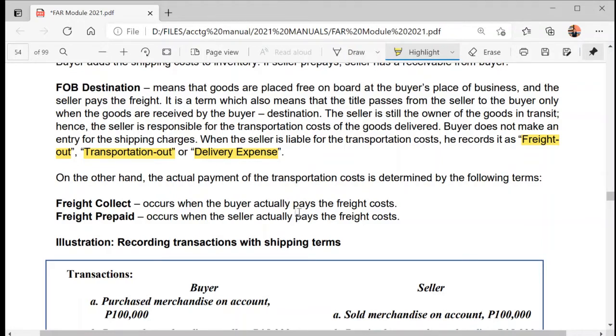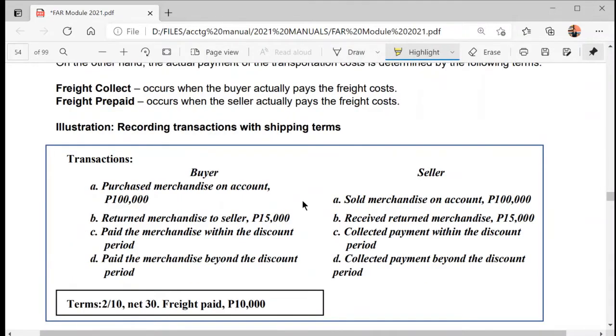So if FOB shipping point, the buyer is the owner. So the buyer should be the one to pay the freight. Since the seller paid it first, but the seller is not the owner of the goods while in transit, he will add that freight to what the buyer owes. So that's possible. We have this transaction on the buyer and the seller side.